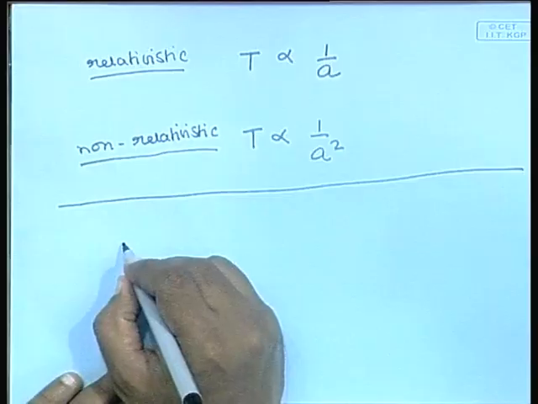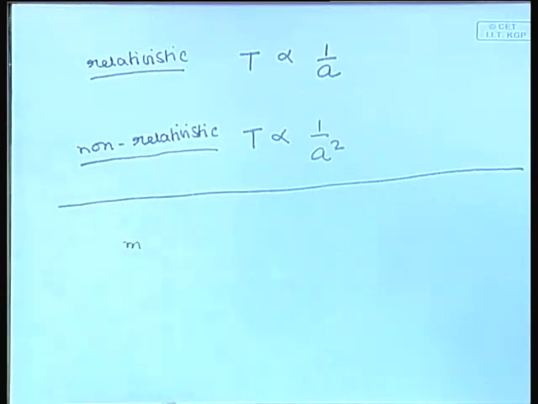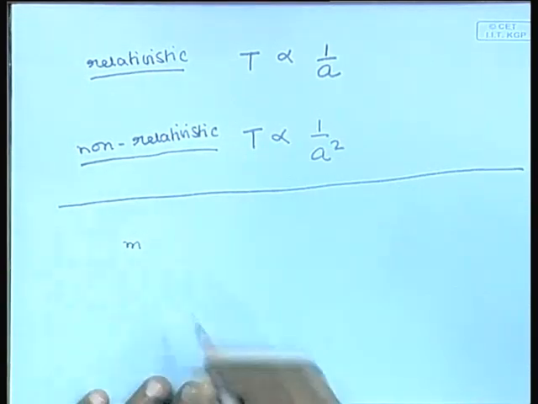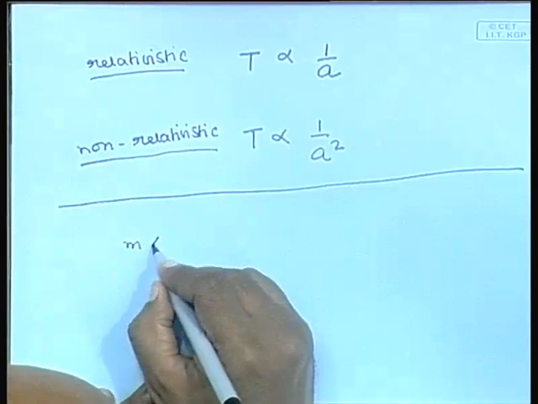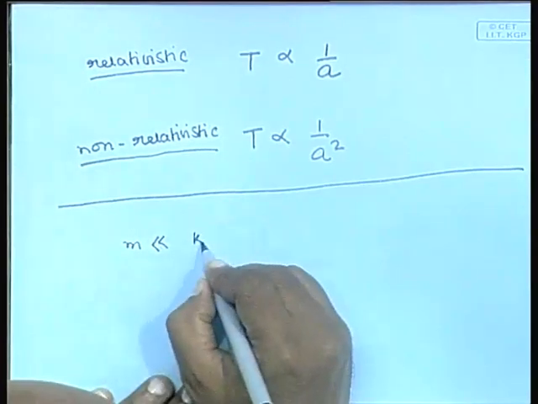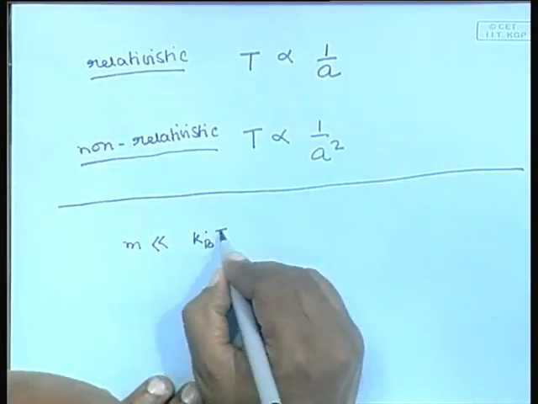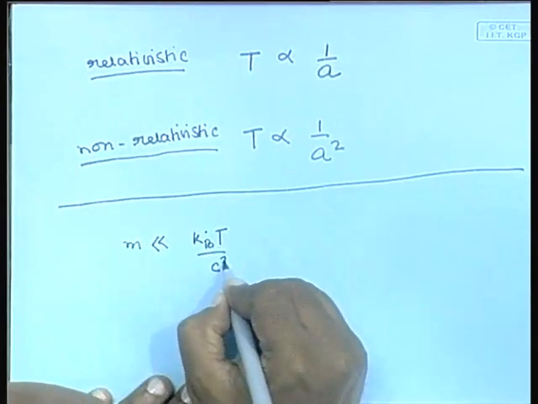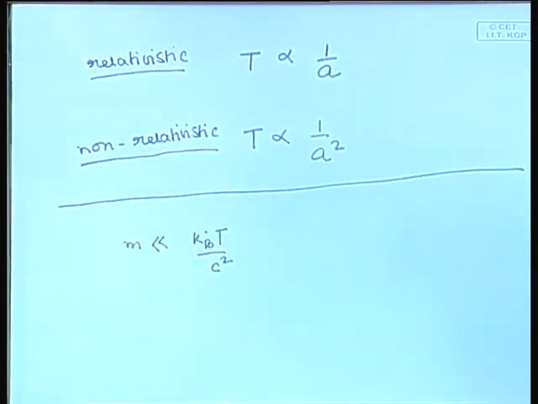So, let me give you examples. For example, if I have neutrinos, with a mass m which is much smaller than the temperature kBT divided by c squared, they behave like relativistic particles.